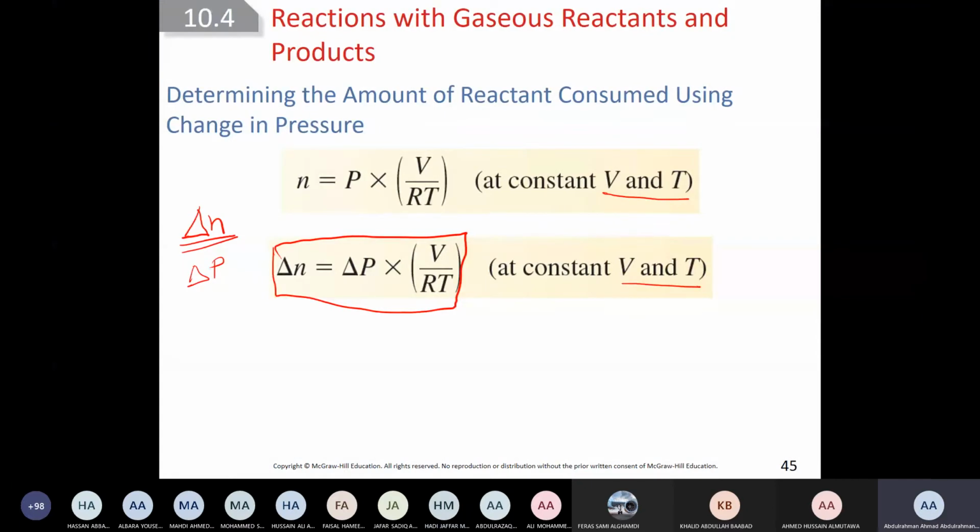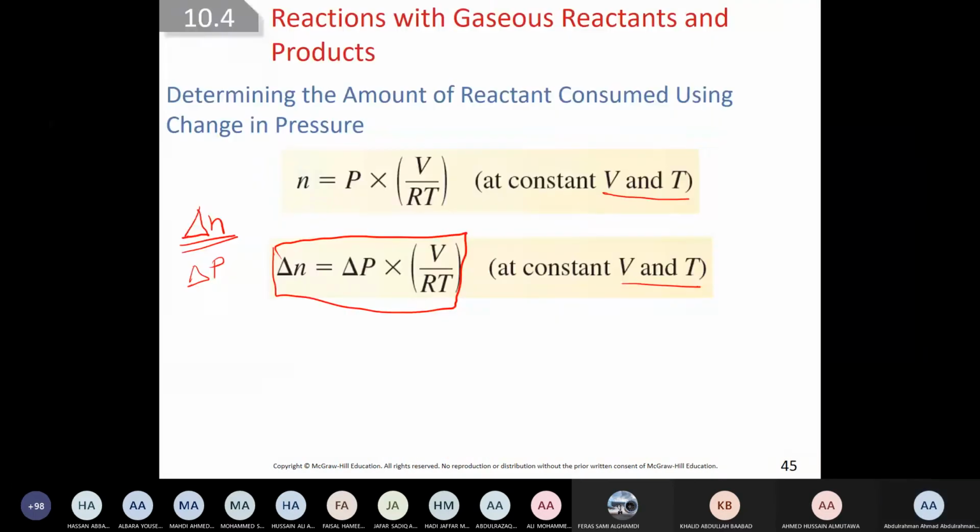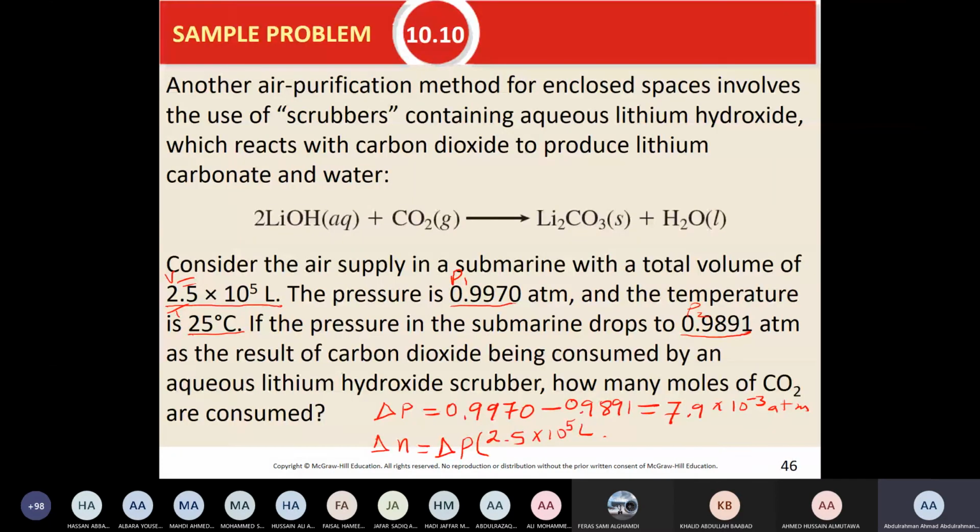This is what is required. Delta n equals delta P times V over RT. So what's delta n? Delta P times, what's the volume? 2.5 times 10 to the power 5 liters, over what? 0.0821 times the temperature.